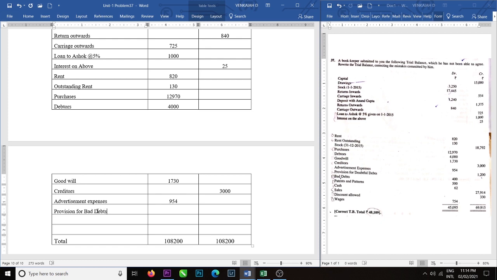Bad debts and doubtful debts are the same. Bad debts is loss, it's 400.